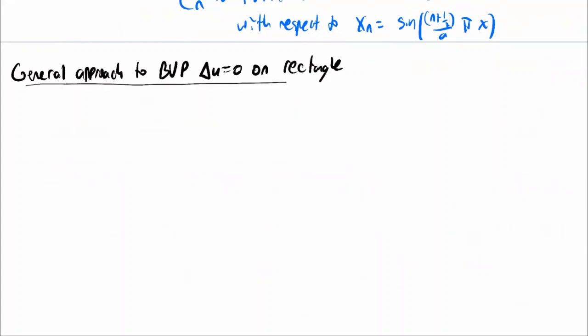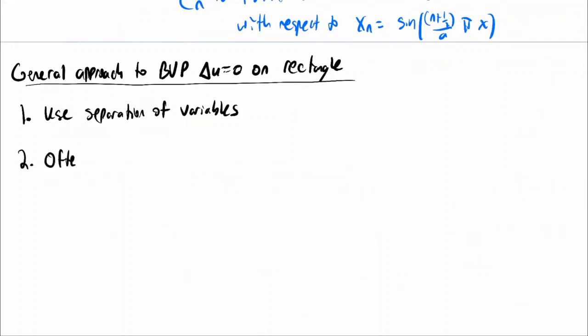And so the first step is always, well, we're going to use separation of variables. And so that's how we began. The second thing to point out is, well, we could have mixed boundary conditions.